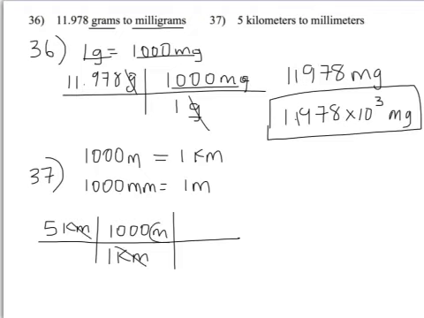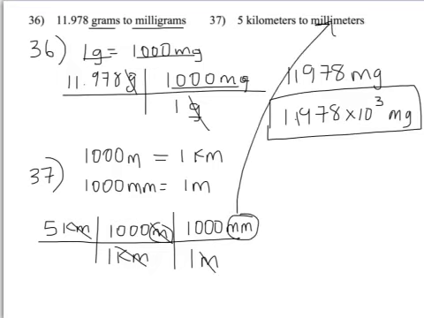Now we're in the units of meters. So in order to get rid of meters, we need to put meters on the bottom. So 1 meter on the bottom, 1,000 millimeters on top. Those meters go away, and here we are left with millimeters, which is what we wanted.